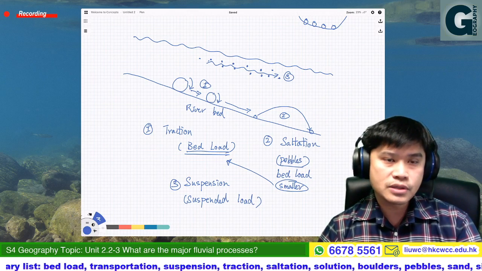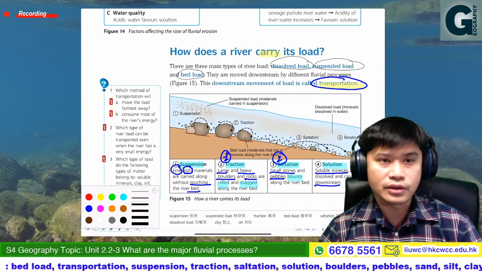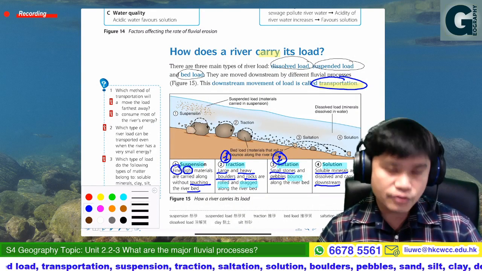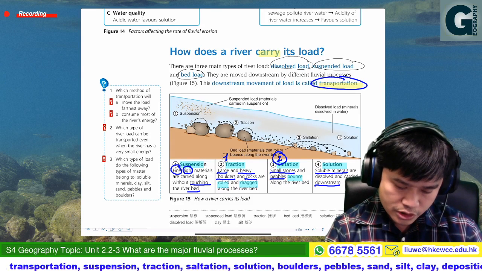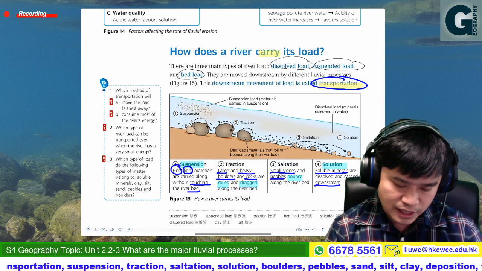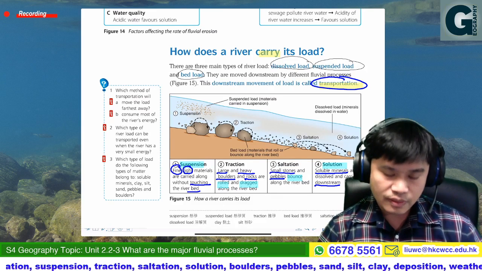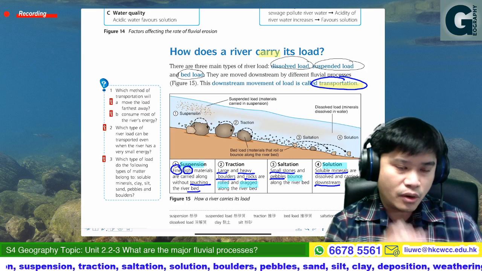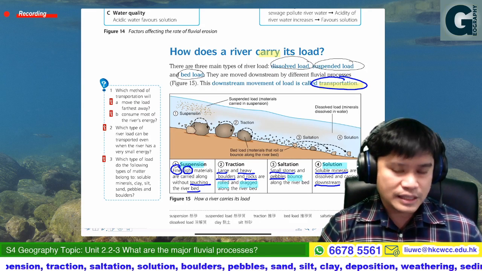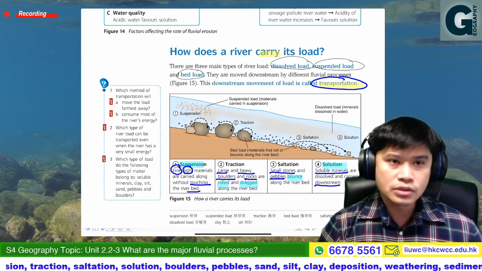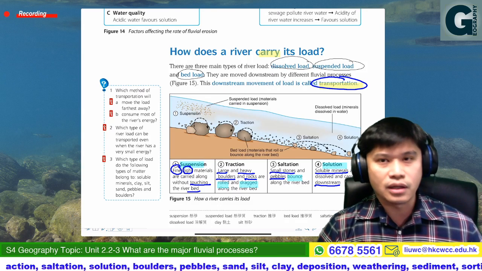So that would be the information in your textbook. For all these four types of transportation: traction, from the size, would be the largest boulders, then saltation, smaller, and suspension, very very small, and then the last one, solution, which is just the minerals dissolved in the water.